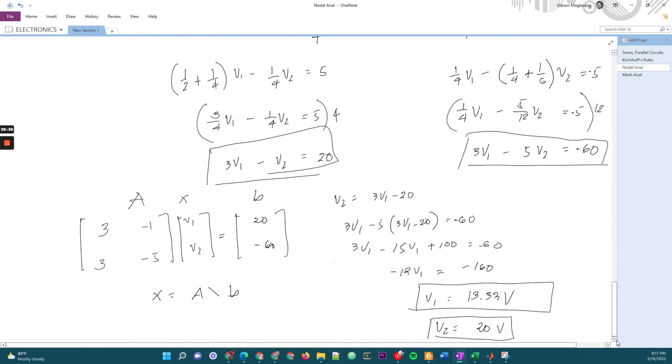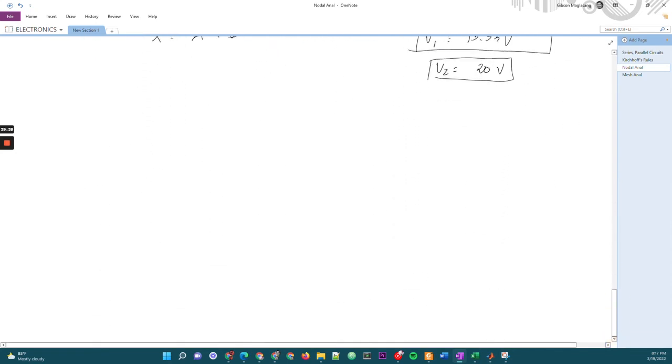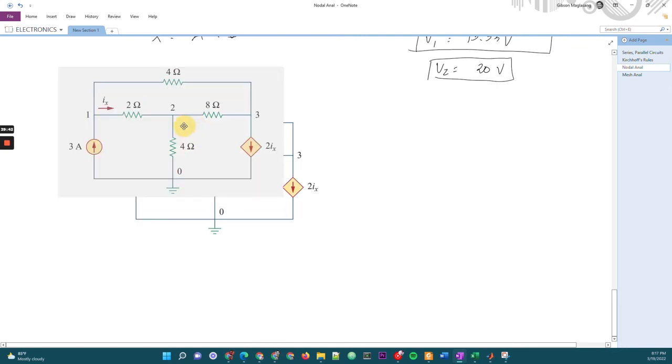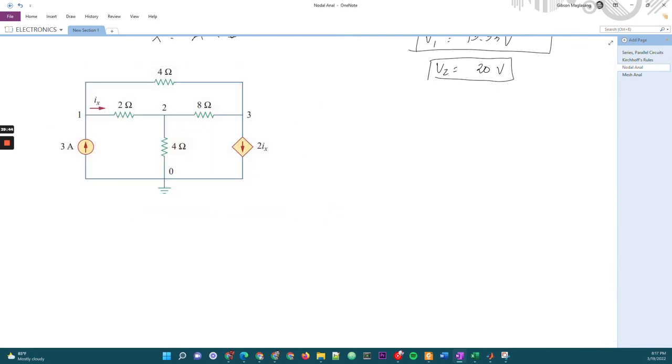So let's consider this example. Okay, so determine the node voltages.